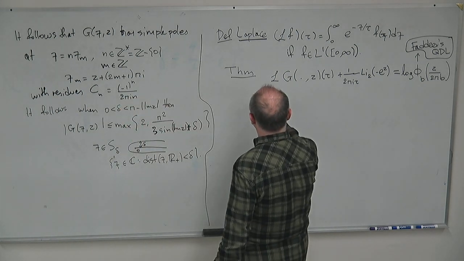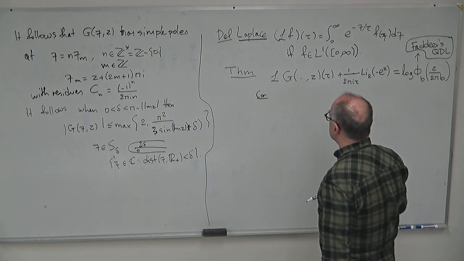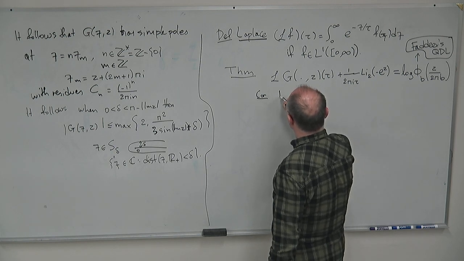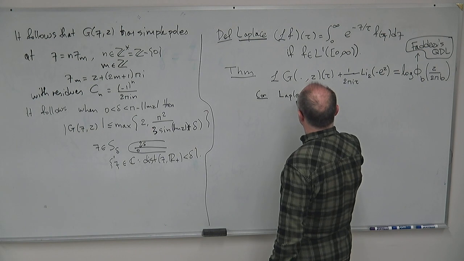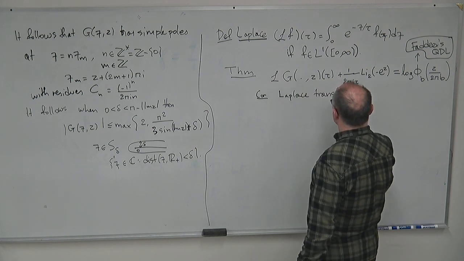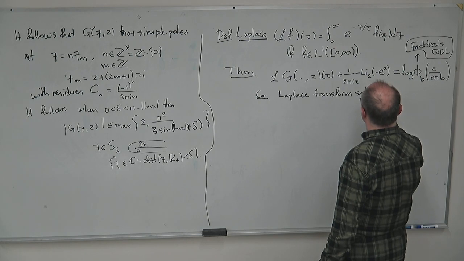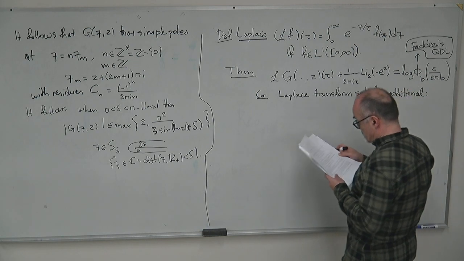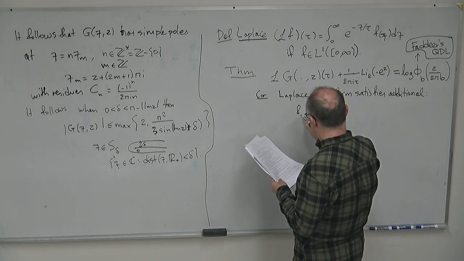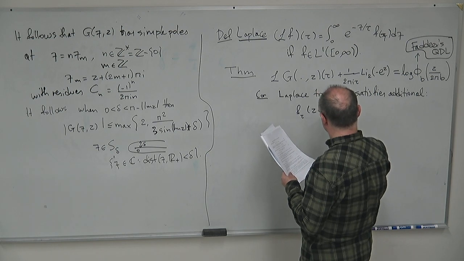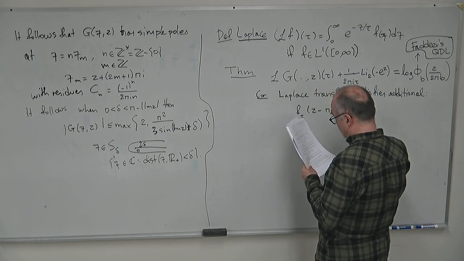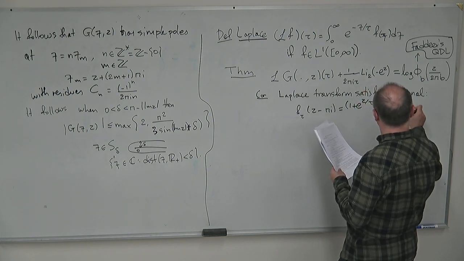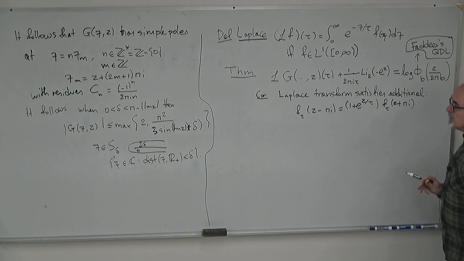And as a corollary of this story, in particular the Laplace transform satisfies an additional q-difference equation, namely this one: f tau of z minus pi i is equal to 1 plus e to the z over tau times f tau of z plus pi i.